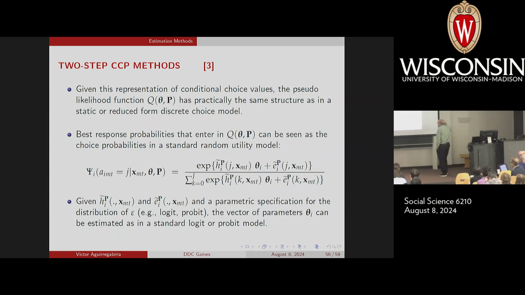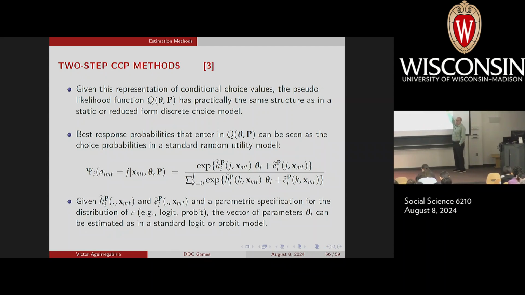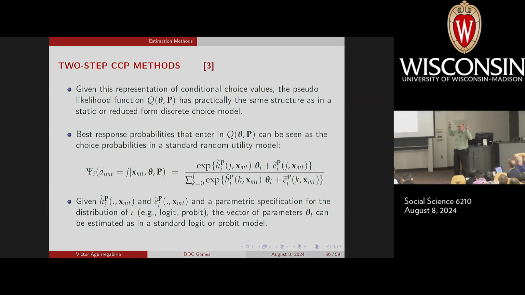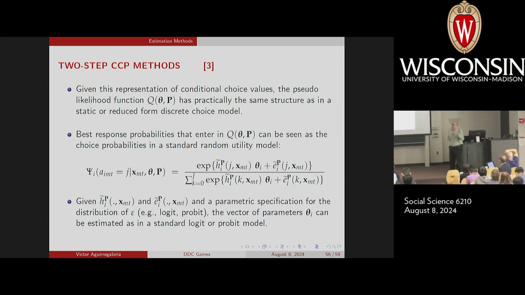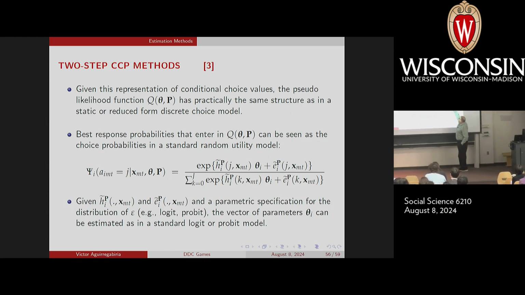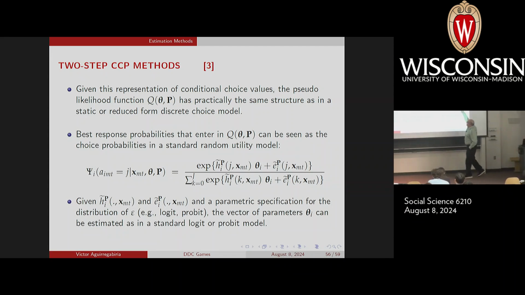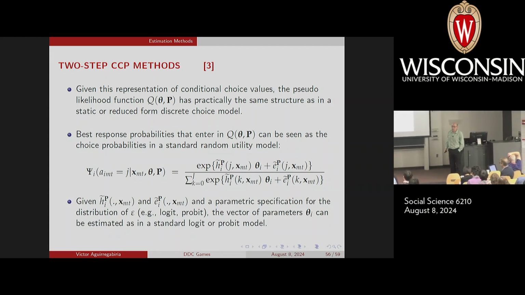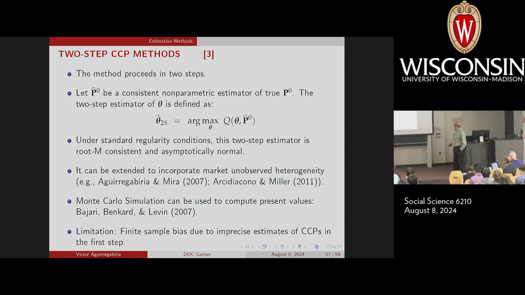This is like the likelihood function of a standard, static discrete choice model. I have already obtained the present values, and now we need only maximize with respect to theta. That's the nature of the two-step estimator.